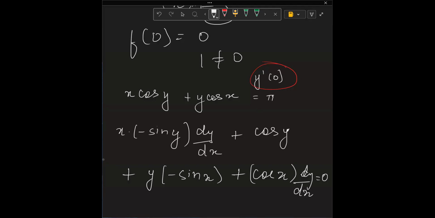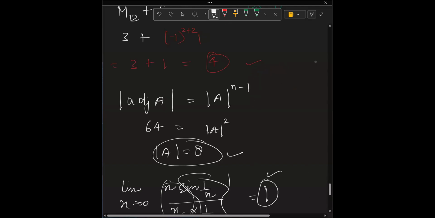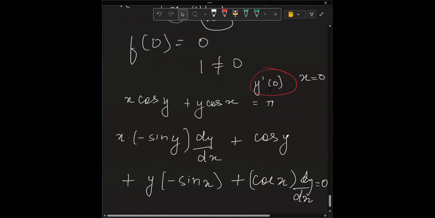Okay, and you have to do all this at x equals 0. Here you have to find y dash at x equals 0.